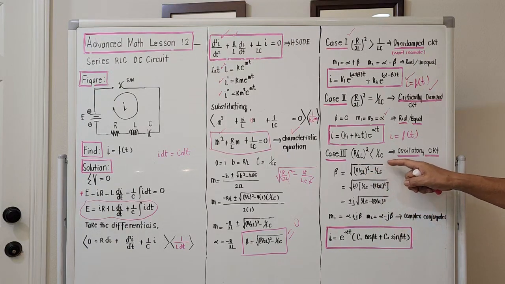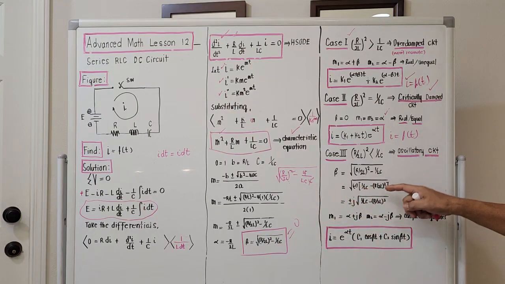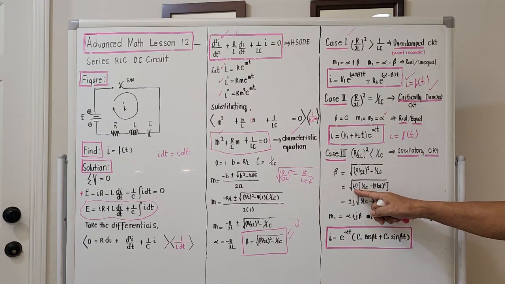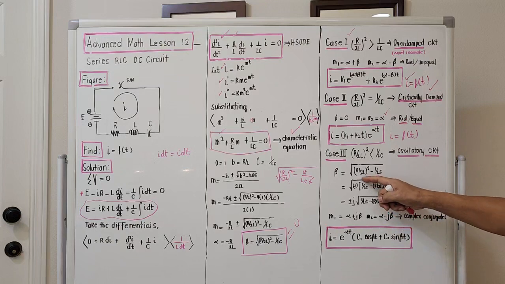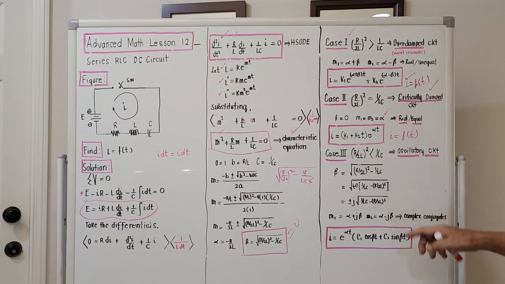So if we try to compute for beta, beta will be the square root of (R over 2L) squared minus 1 over LC. But if 1 over LC is greater than (R over 2L) squared, we will try to factor out negative 1 times open bracket 1 over LC minus (R over 2L) squared.